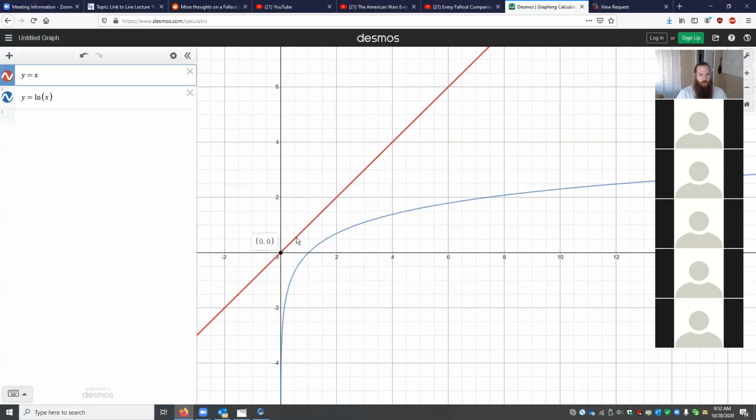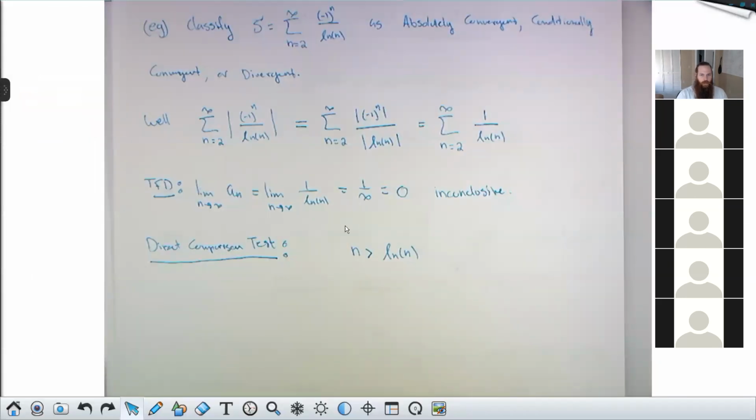All right, here's the line y equals x in the red, and here's the graph y equals ln x in the blue. You see the red is always above the blue. x is always bigger than the natural log of x. So n is always bigger than the natural log of n.